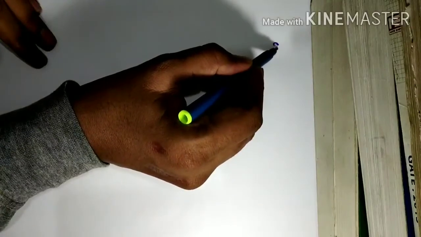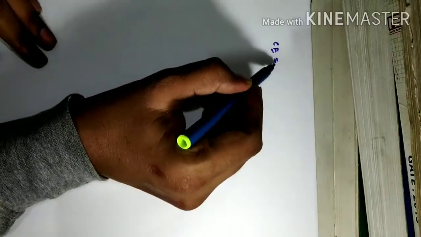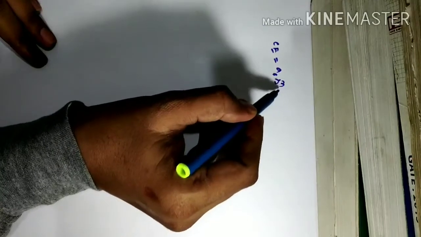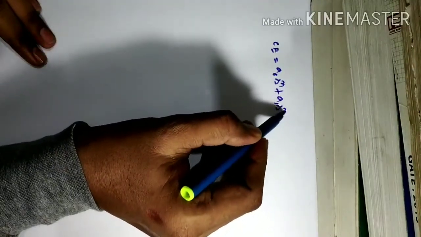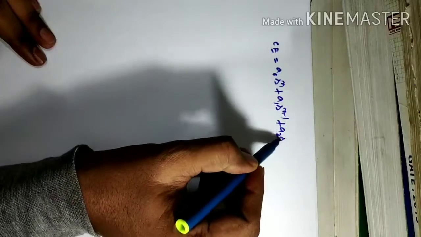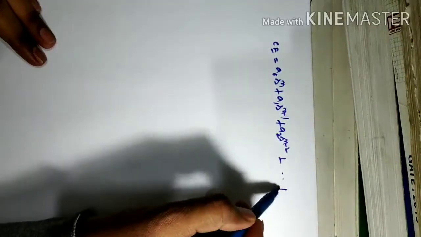So you know the characteristic equation, right? From the characteristic equation we are going to find the sufficient condition. Your characteristic equation is a naught S power n plus a1 S power n minus 1 plus a2 S power n minus 2 and so on, plus a n minus 1 S plus an equal to 0.